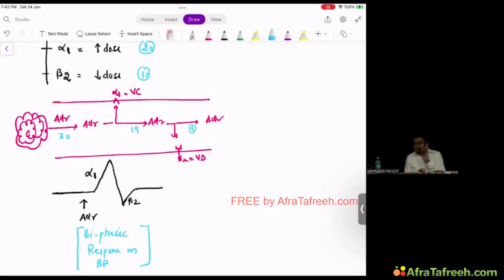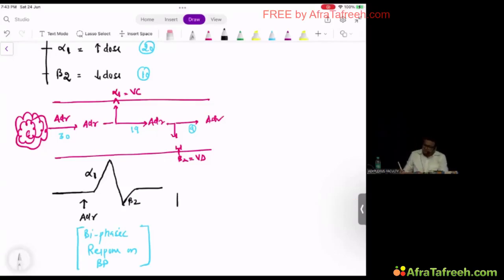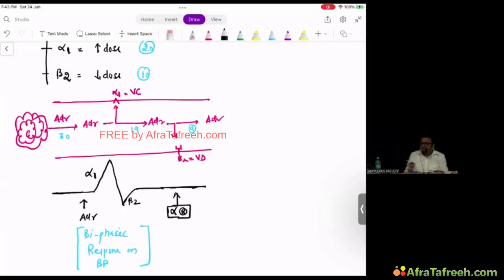What is the definitive treatment? Surgery. But before surgery, what has to be brought under control? So you have started this patient today on an alpha blocker. Which alpha blocker is given preoperatively? Phenoxybenzamine. So you start the patient on phenoxybenzamine.